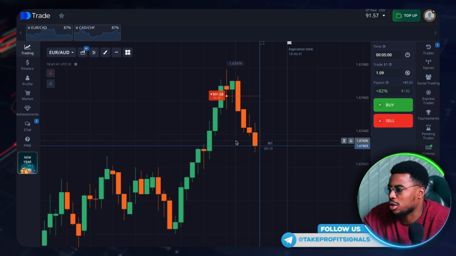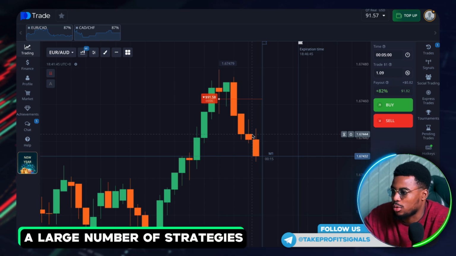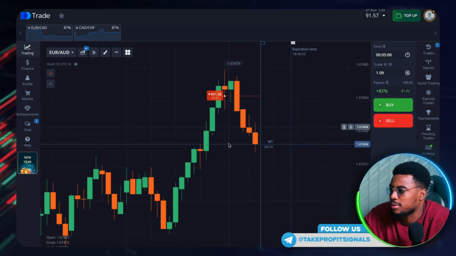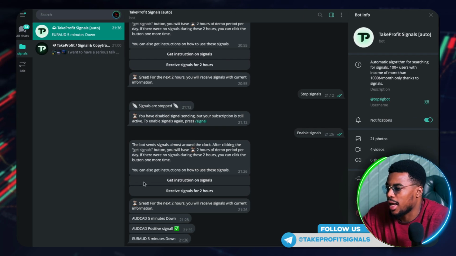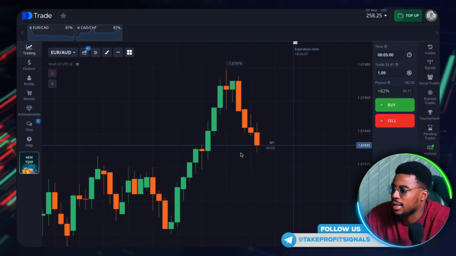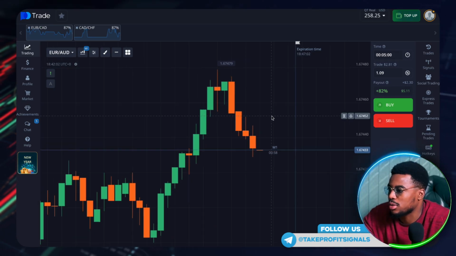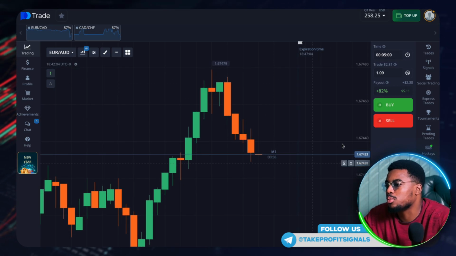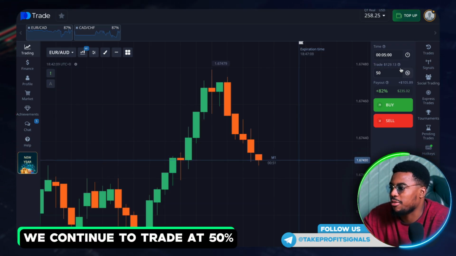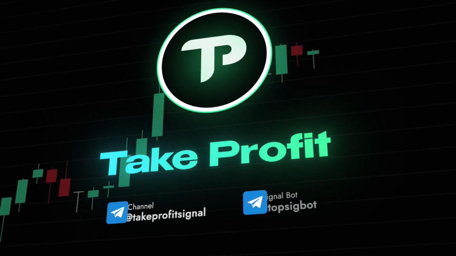What those factors are, I don't know. The robot uses a combination of a large number of strategies, and as soon as there is a market situation with an ideal entry point, we get a signal automatically in this advisor. The signals should soon mark a confident plus, because you see what a good movement we take away. I plan to also continue to trade at 50% of my account, waiting for the third signal.